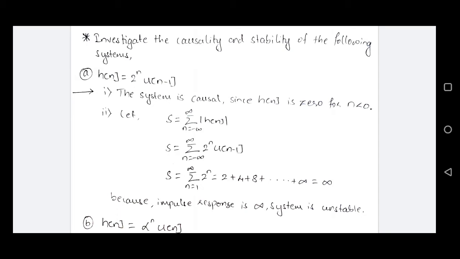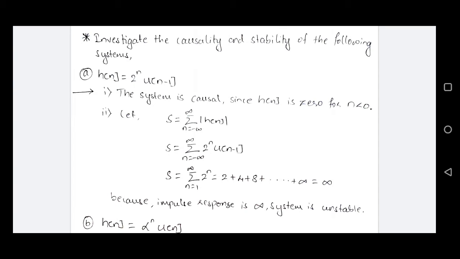Now to check the stability, we'll have to verify if the given impulse response is of finite value, that is, absolutely summable. To verify this, we'll consider a variable S and use the expression summation n from minus infinity to plus infinity of magnitude of h of n.